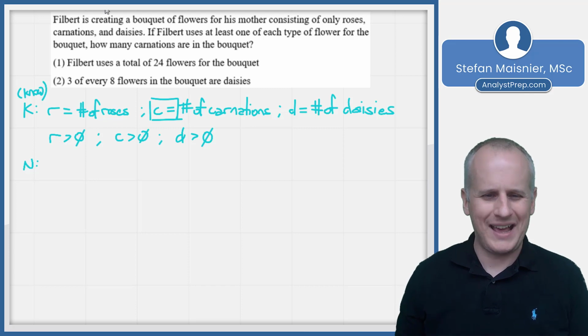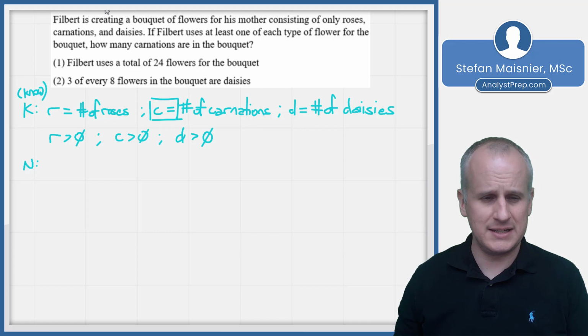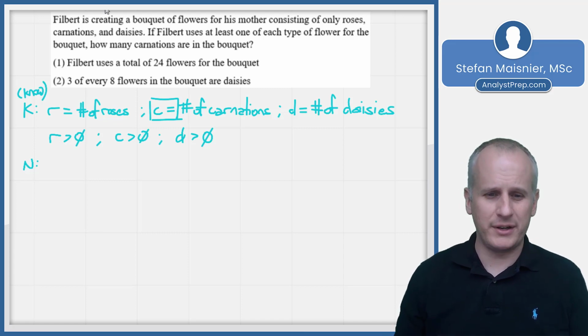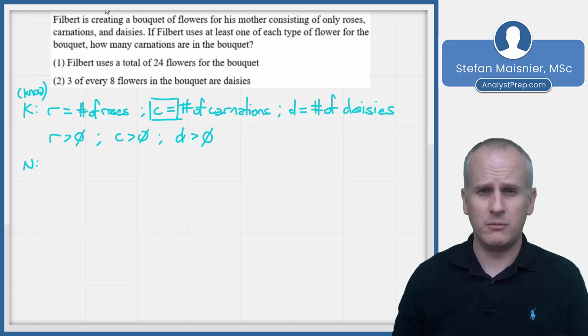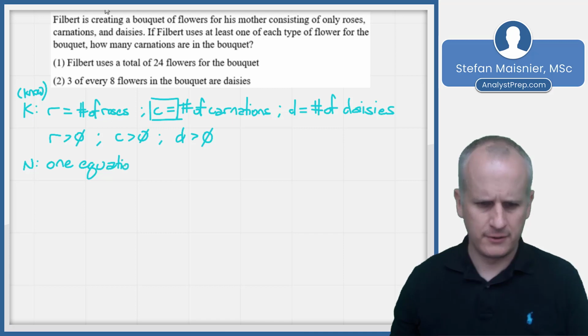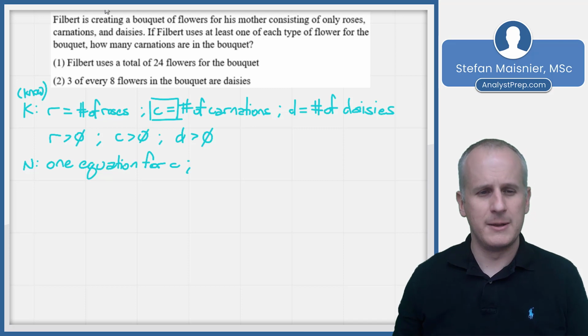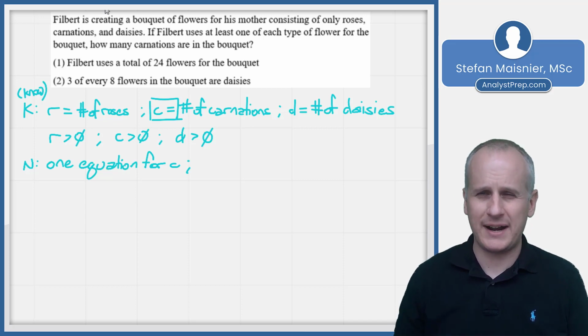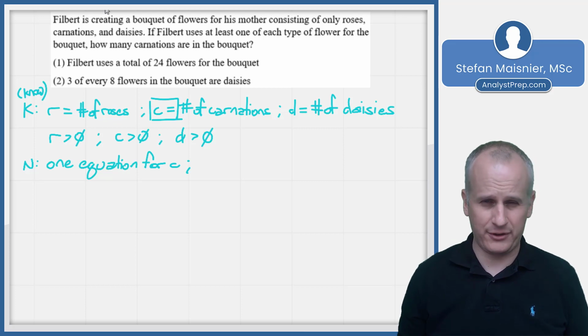So we have 3 variables, all right? So we've got R, C, and D. And if I wanted to solve for just C individually, well, then I just need one equation for C. So if I get one equation for C, well, that's going to be enough. But I also know that just abstractly, if I get 3 different equations for 3 variables, I can theoretically solve, because that's the basic rule of linear algebra, right?